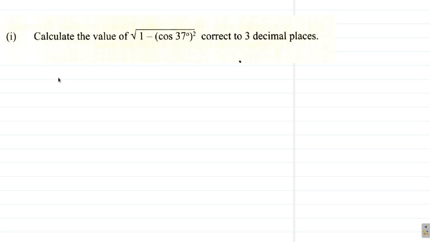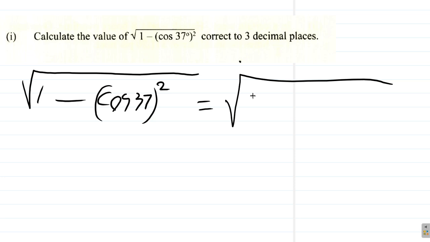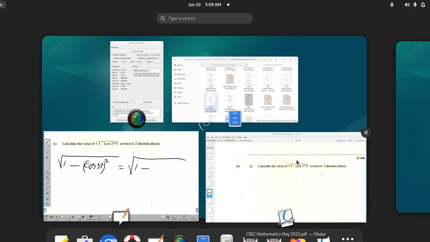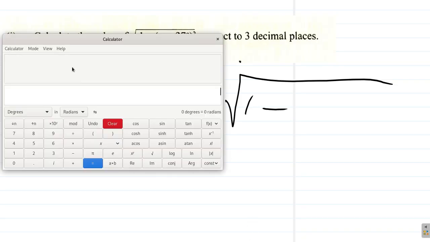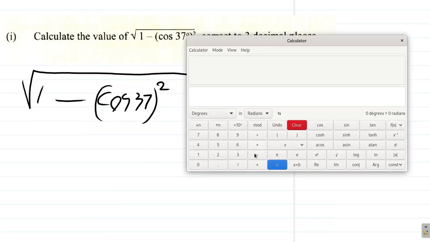You need a calculator now. So, the square root of 1 minus cos 37 degrees squared. It is going to be the square root of 1 minus. Now what is cos 37 degrees? Let's get our calculator. Now you ensure that your calculator is in degree and not radians, alright?